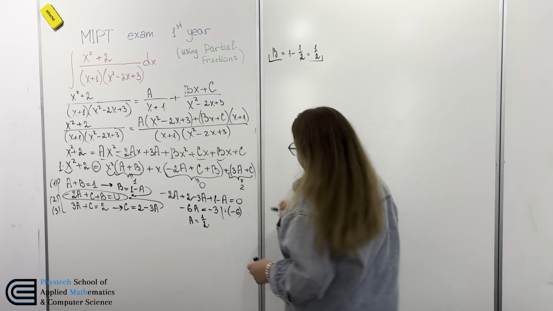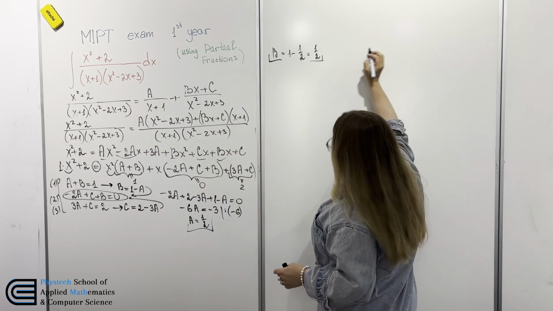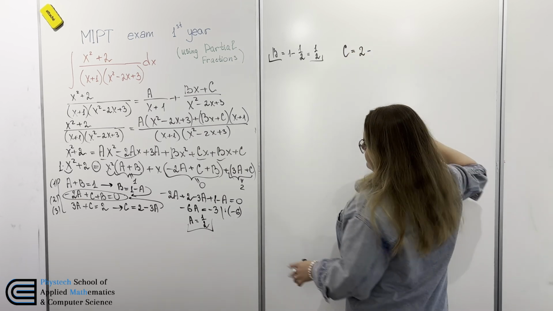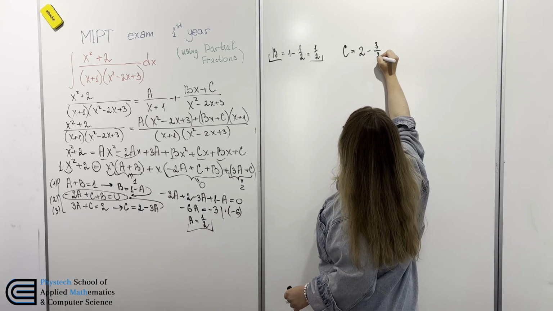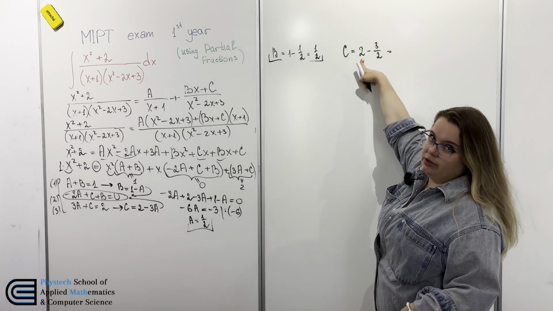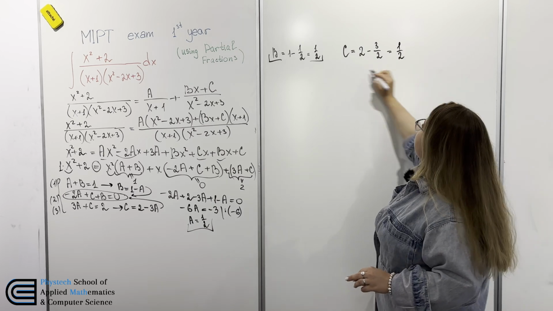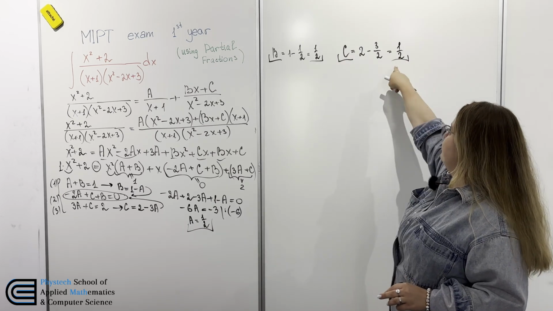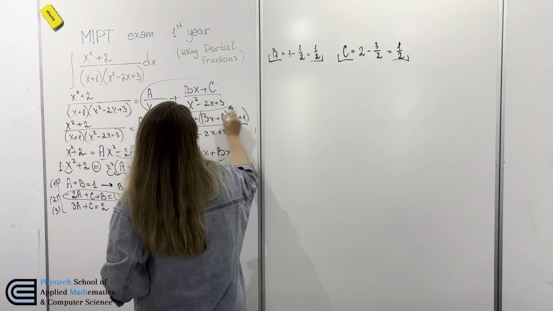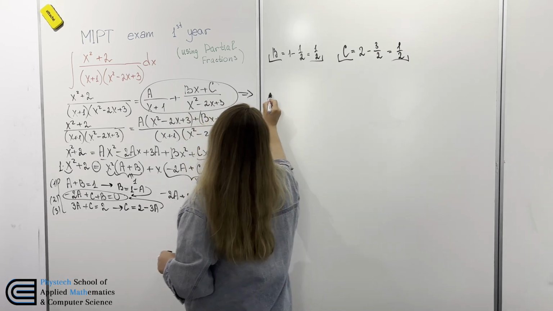Yes, our B is 1 divided by 2, our A is 1 divided by 2, and now from the third line we can obtain C. It will be 2 minus 3A, 3 multiplied by 1 divided by 2, I'm sorry, so it will be 2 multiplied by 2, 4 minus 3, all divided by 2, so C is 1 divided by 2.